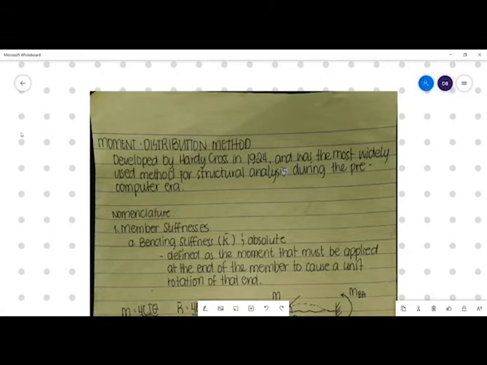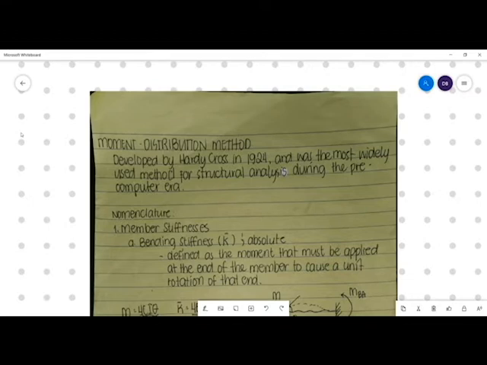So what are the loads that cause deflection in our beam, and what are the supports that restrain it? Instead of solving it simultaneously, we take it apart one by one, so it is being solved in a deconstructed manner.